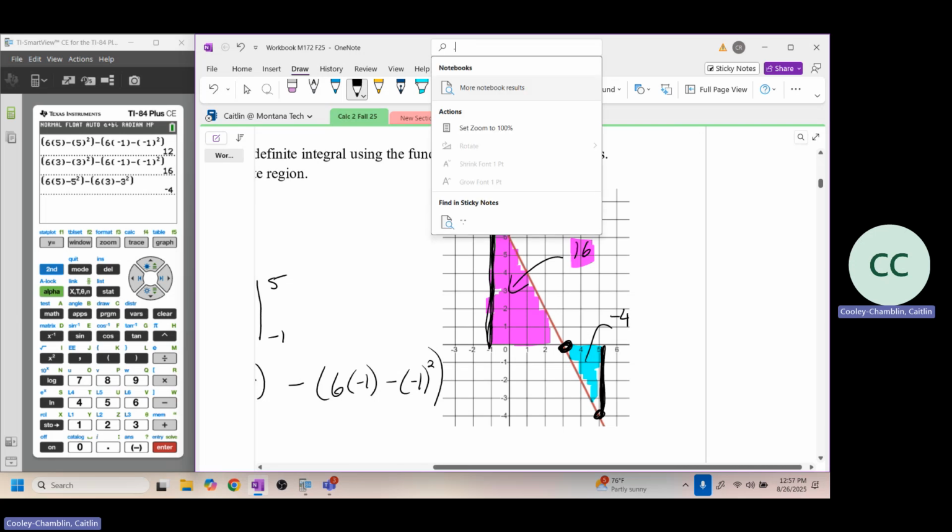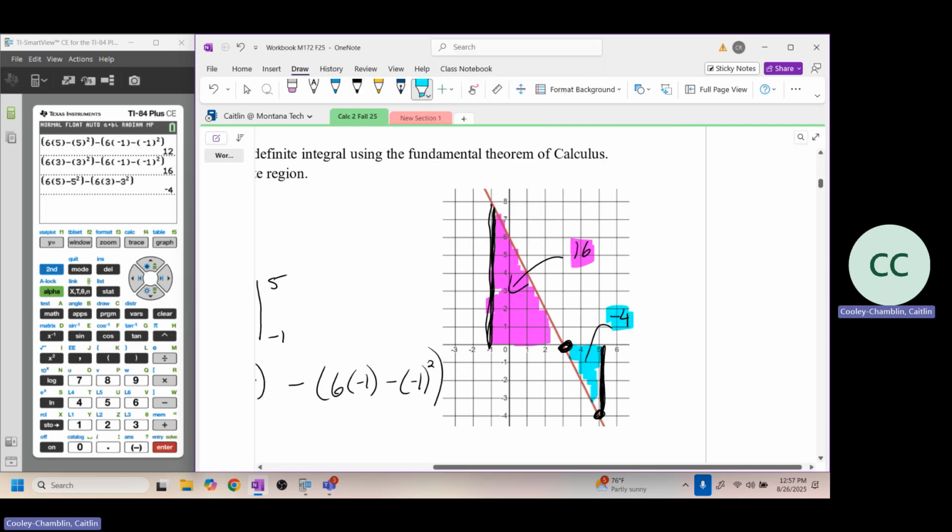So the reason that is, if I was to make a triangle, our height is -4. Our width would be 2. And so if we did this old school by using geometry, we would have 1/2 base, which is 2, our height, which is -4, which gives us -4.